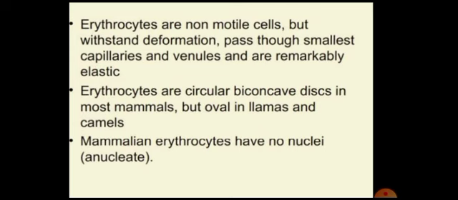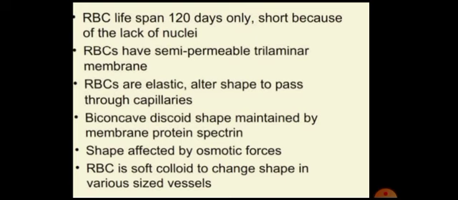It is important to note that the camel has erythrocytes with a nucleus. The lifespan of RBCs is only 120 days, short because of the lack of nuclei, which contain genetic information, and that is not present in RBCs. RBCs have a semi-permeable trilaminar membrane.